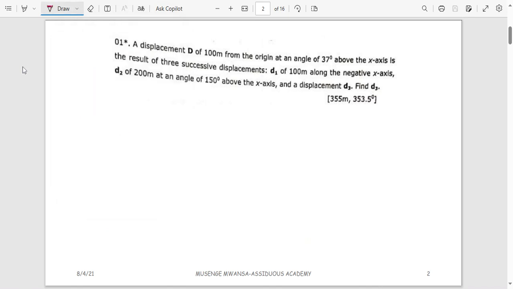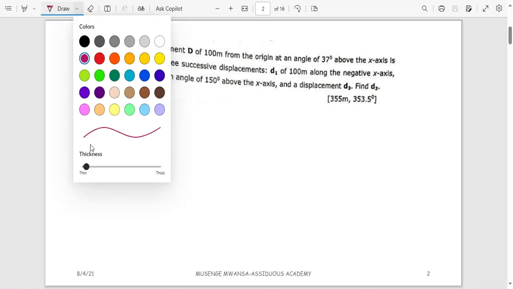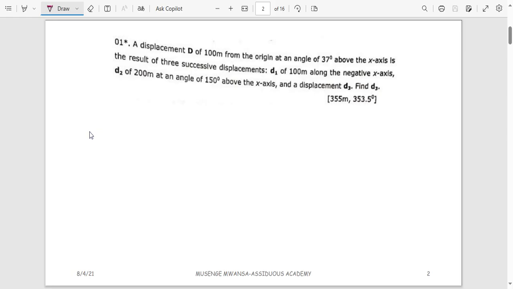Every time you're working with vectors, the easiest way to answer questions is to see how it is going to appear on the number line, the x-y plane. So I'm writing the x-y plane here.